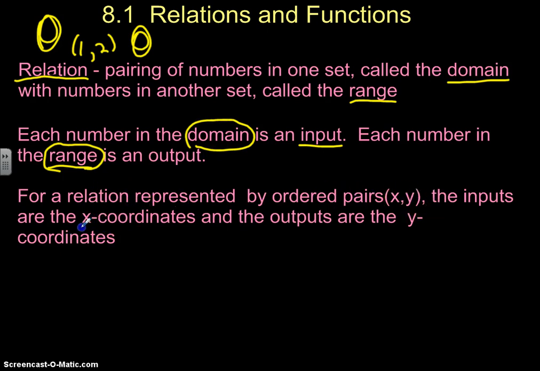That's the independent variables. The outputs are the y coordinates. That would be the domain. So we always say x is the domain, y is the range. In another school, we called it domex instead of domain to help kids remember, and we called range rangy, ending in a y so that they could remember that.